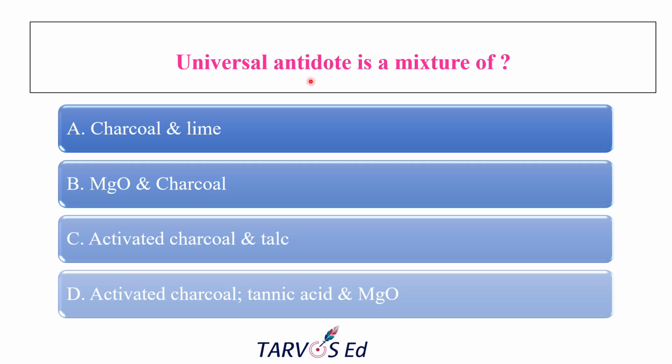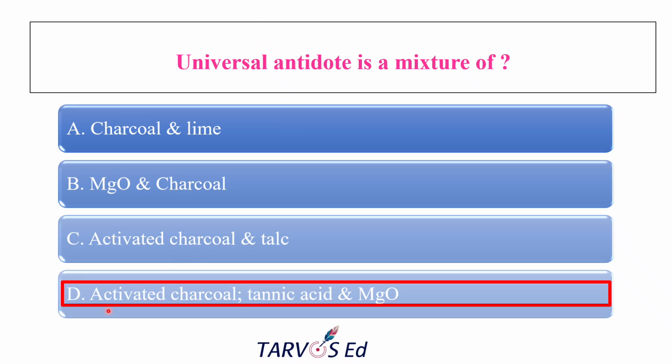Okay, and the options given for this are charcoal and lime, MgO and charcoal, activated charcoal and talc, then activated charcoal, tannic acid and MgO. And the correct answer is option D, activated charcoal, tannic acid and MgO.